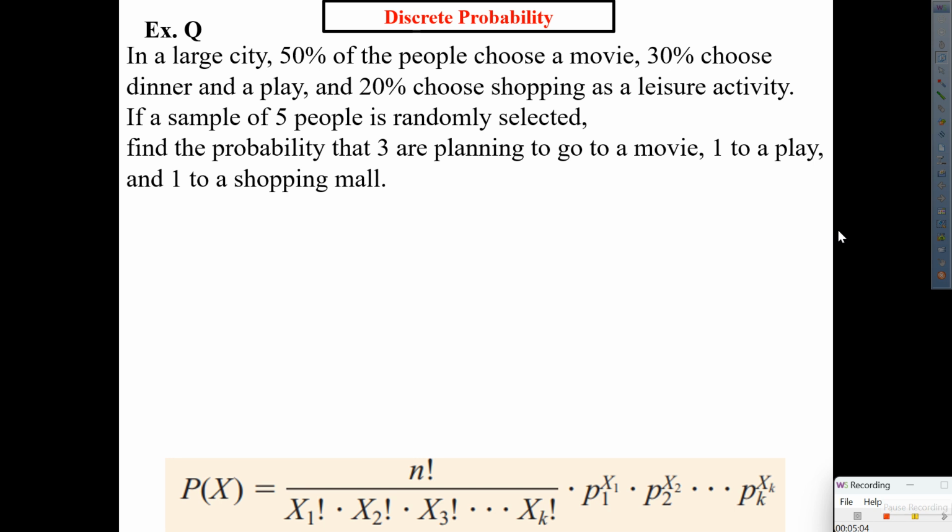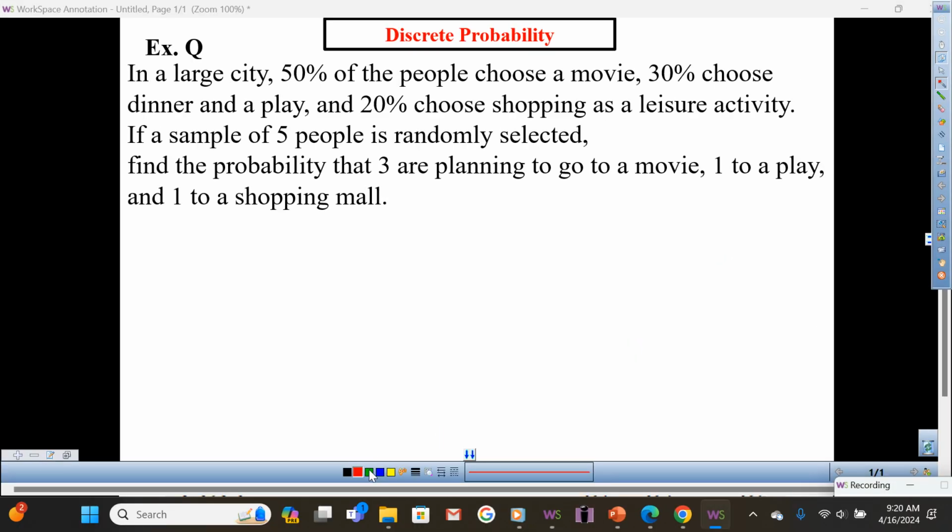All right, shall we? To get started, we always start with our n, so write your n on the side. However, for this one, instead of 1 or 2 probabilities we're looking for, now we have 3: 3 are planning to go to the movie, 1 to a play, and 1 to a shopping mall.